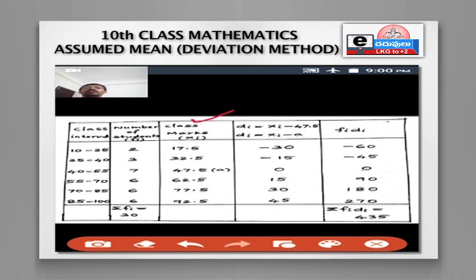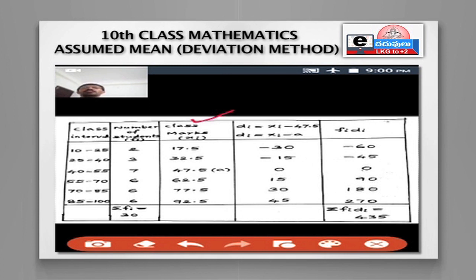Choose one among the Xi's as the assumed mean and denote it by A. What are the class marks here? 17.5, 32.5, 47.5, 62.5, 77.5, 92.5. We may take A from the Xi's which lie in the center of x1, x2, x3, x4, x5, x6.